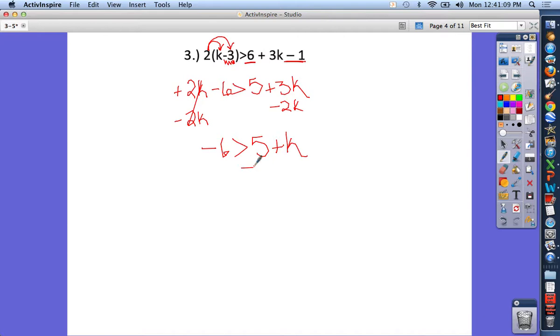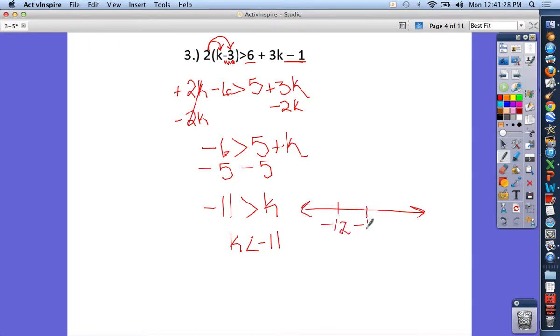Now we can subtract 5 from both sides. Negative 6 minus 5 is negative 11 is greater than k, or k is less than negative 11. Go ahead and graph them. Negative 12, negative 11, negative 10, an open dot, and it's less than, everything going to the left.